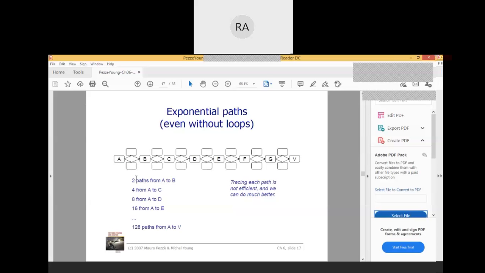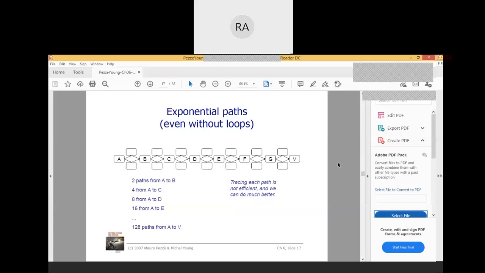From A to B, there are two paths via which I can reach B from A. If you see here, from here also I can reach, from here also I can reach. From A to C, how many? 4. From A to B, I have 2, and from B to C, again 2 paths. That's why it is 4. Similarly, the source node is A and the destination node is changing.